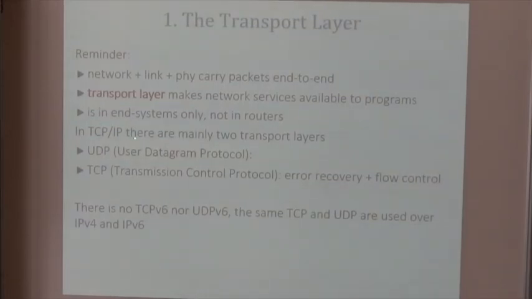In TCP, there are, I say mainly, but practically exclusively, two transport layers, UDP and TCP. The transport layer is typically implemented in the operating system. So if you want to change the transport layer in your smartphone, you have to do an update of the operating system, which for some smartphones is easy, for others is more painful and risky, because when you update, you don't choose what you update.